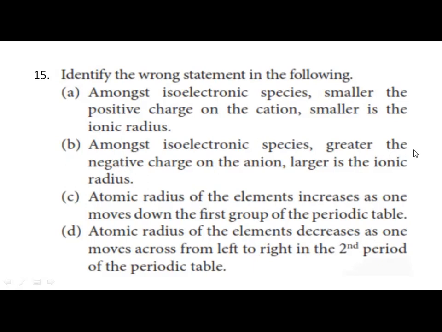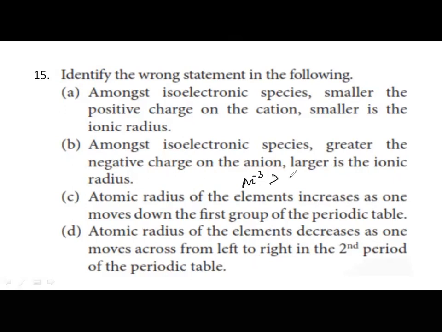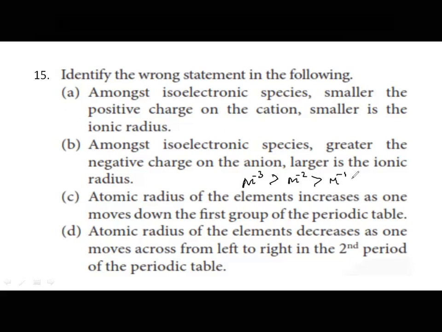Amongst isoelectronic species, greater the negative charge on the anion, larger is the ionic radius. That is also correct. Therefore, for anions, how do we write? M minus 3 has larger ionic radius than M minus 2, than M minus, and then M. Amongst cations, M plus 3 will have the smallest ionic radius, then plus 2, then plus 1, which will have smaller ionic radius than M. So amongst isoelectronic species, smaller the positive charge, smaller is the ionic radius?